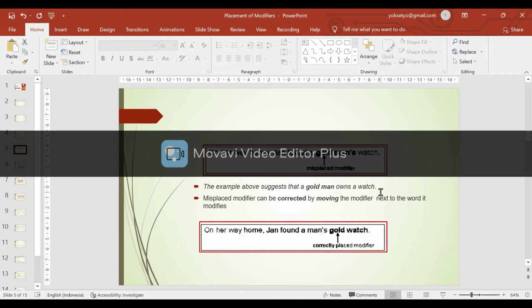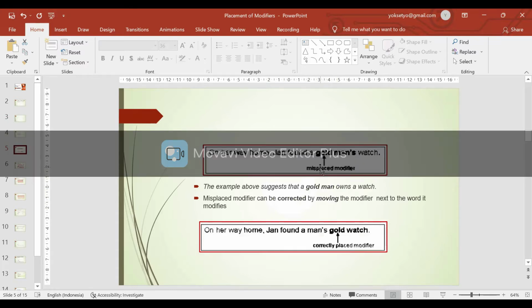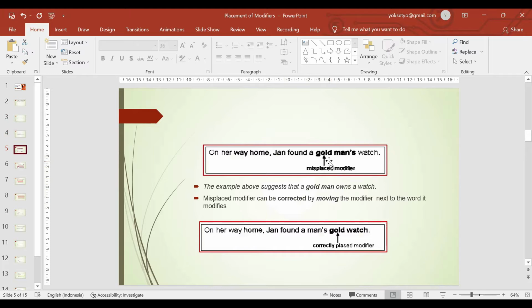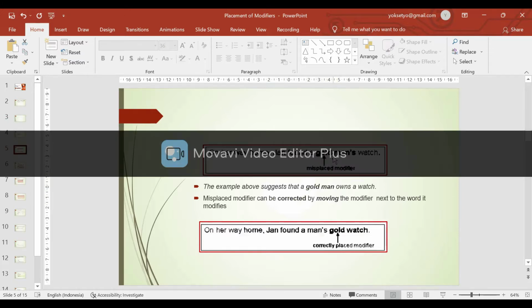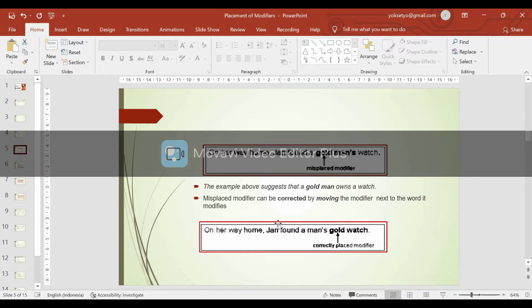Is it understood? Gold is placed near the man, so it is a misplaced modifier.